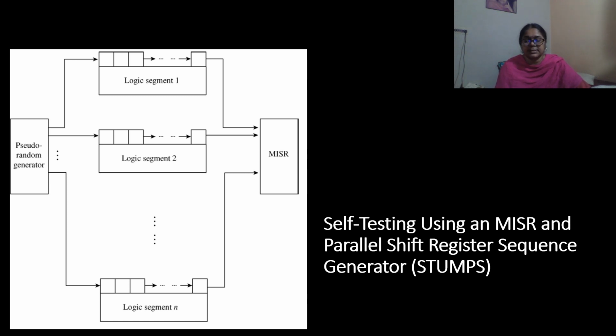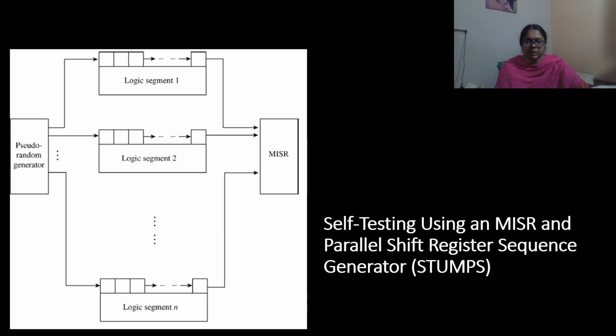because the scan paths may not be of the same length, the pseudo-random generator is run till the largest scan path is loaded. So from the pseudo-random generator, inputs are given to all these scan paths. Until all the scan paths have been loaded, the pseudo-random generator is going to generate the bits.